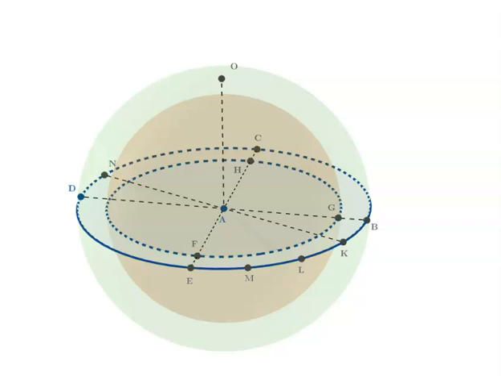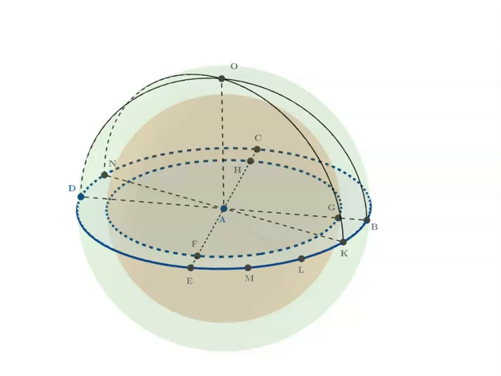But to begin with, we are just interested in this quadrant. So let's just draw the semicircle. Similarly, we cut the sphere through BO to get the semicircle BOD.